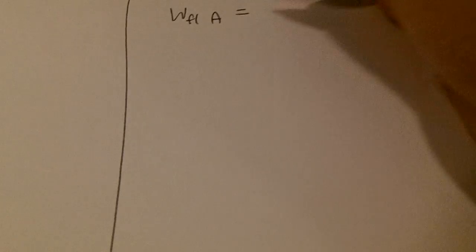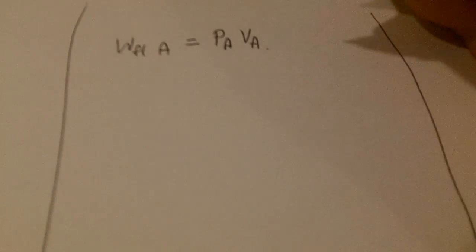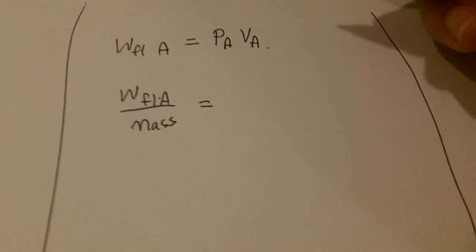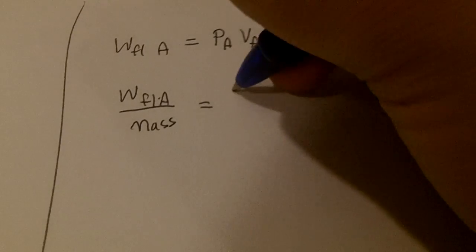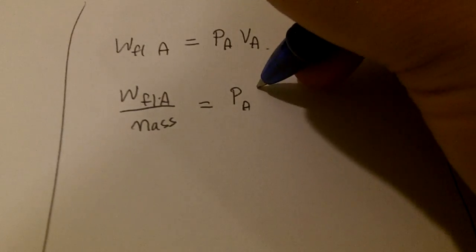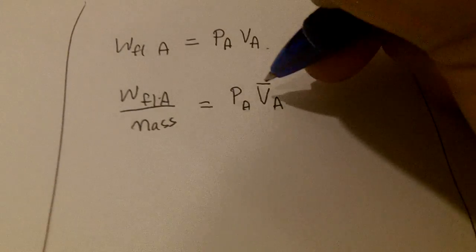Flow work of, let's say, a stream A equals the pressure of stream A times the volume of stream A. And let's say you want to do it on a per unit mass basis. This will be equal to the pressure of A times the specific volume of A, called V hat.